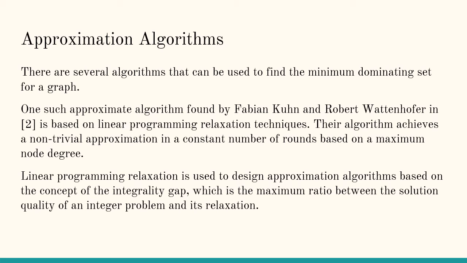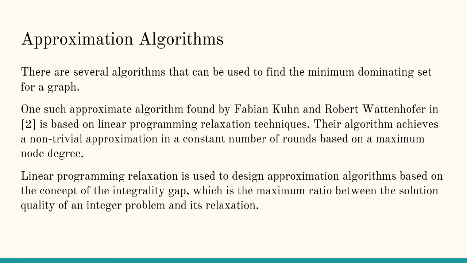Approximation algorithms for the dominating set. There are several algorithms that can be used to find the minimum dominating set for a graph. One such approximate algorithm, found by Fabian Kuhn and Roger Wattenhofer in Resource 2, is based on linear programming relaxation techniques.